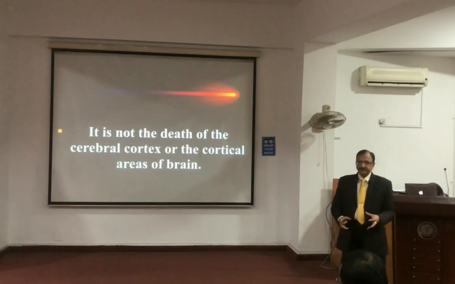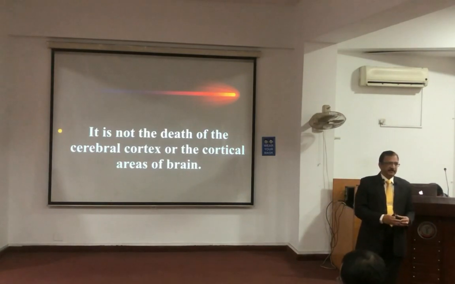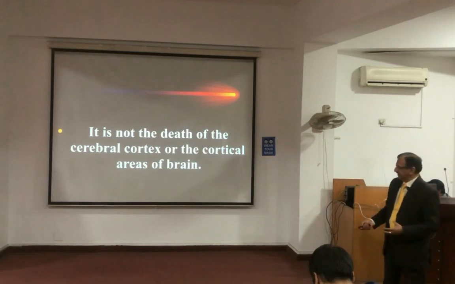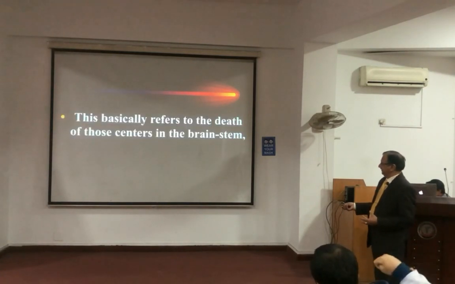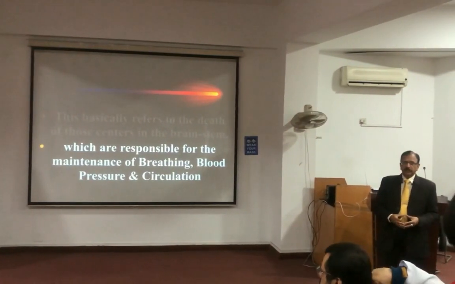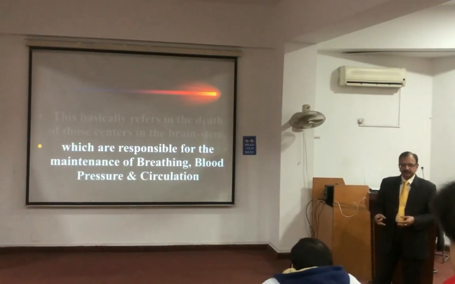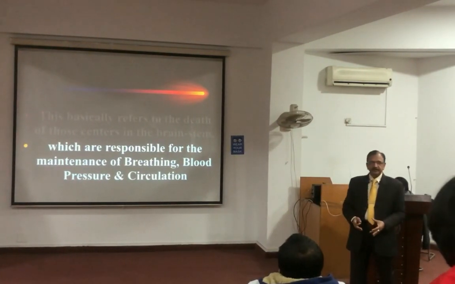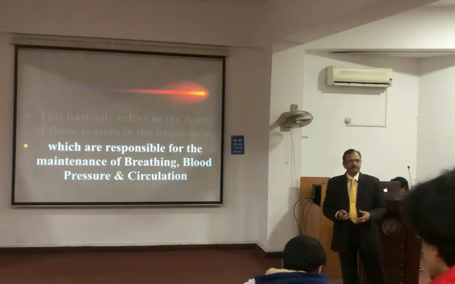And it is not the death of the cerebral cortex. It is not the death of the cortical center in the cerebrum. It is the death of the brain stem. The vital centers for the maintenance of respiration and circulation and blood pressure are located in the pons and medulla, the brain stem.